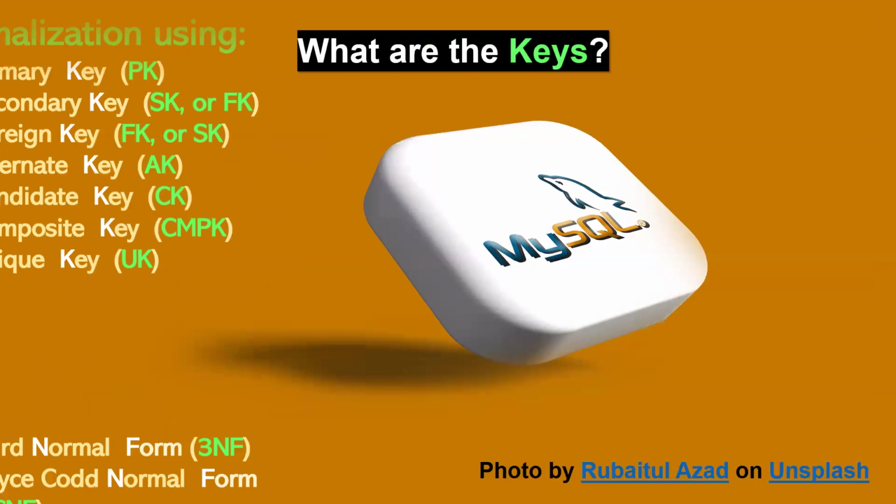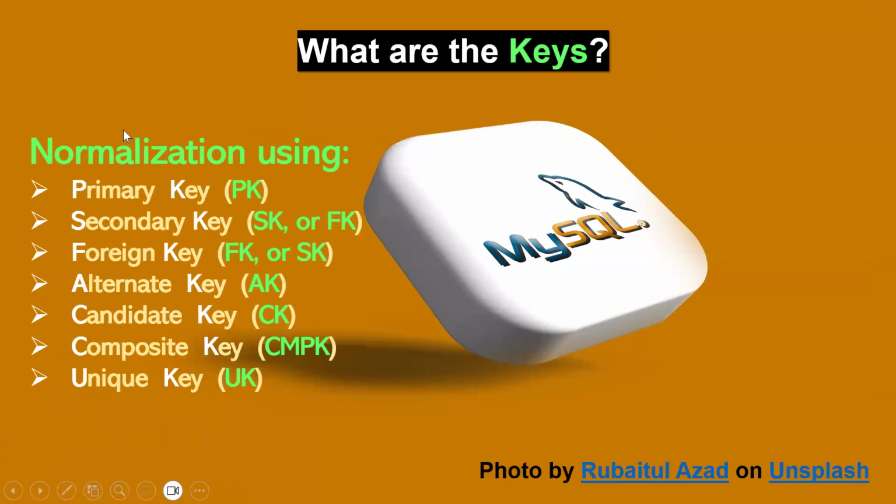And then there are different types of keys. What are the keys? When you break a larger table into smaller structured tables, you basically define primary keys and foreign keys. So it is very easy to store data, very easy to retrieve data, very easy to update.